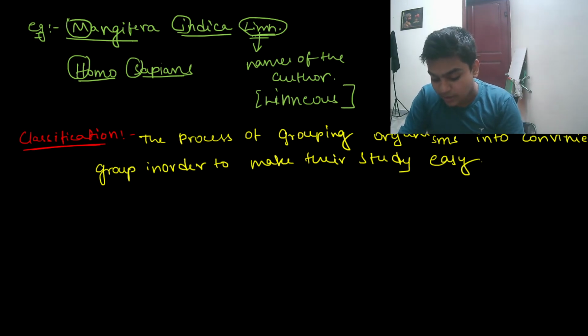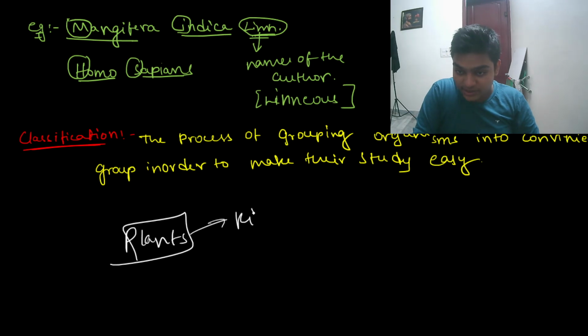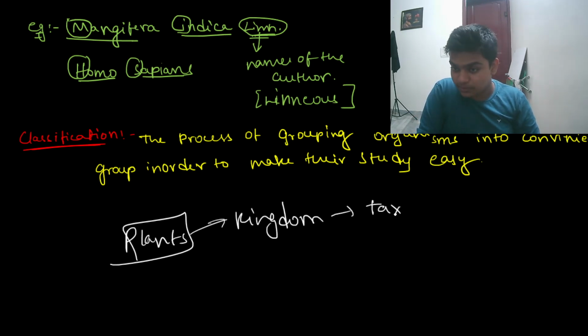Here you must recognize that taxa can indicate categories at different levels. Plants also form a taxa. Wheat is also a taxa. Now, plants is a big group. It is a kingdom. Plant is a kingdom, and this is a taxa.